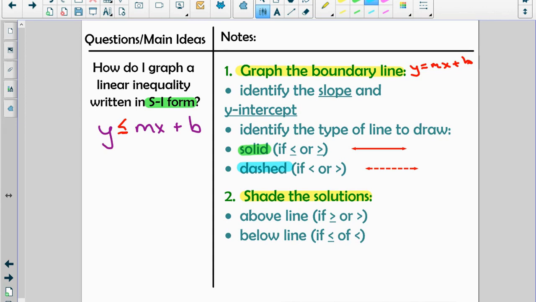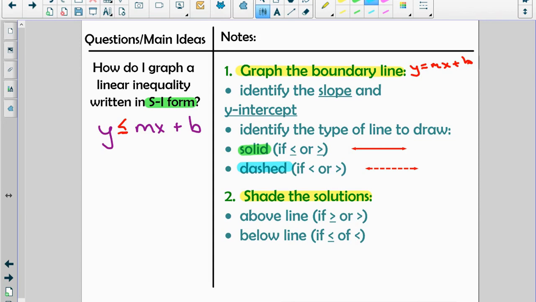A dashed boundary line means that the ordered pairs that are right on the line are not part of the solution set, even though both lines represent the boundary, or I guess kind of like the split between one side of the line that has all the solutions, and the other side that has none of the solutions, or all of the non-solutions.